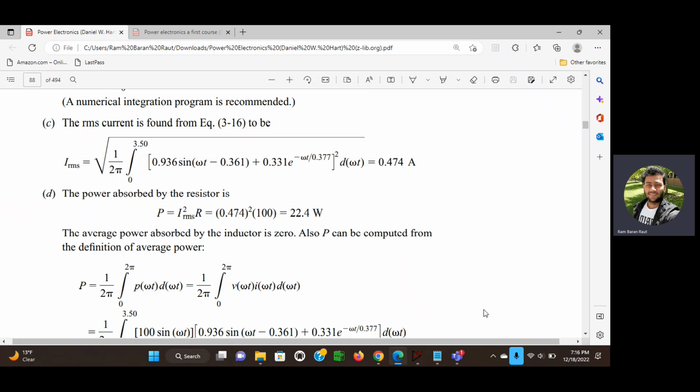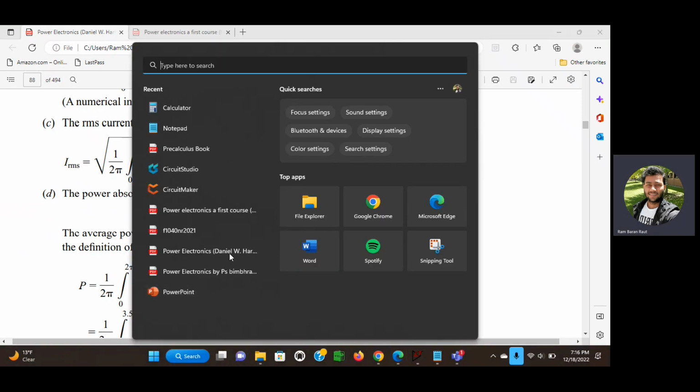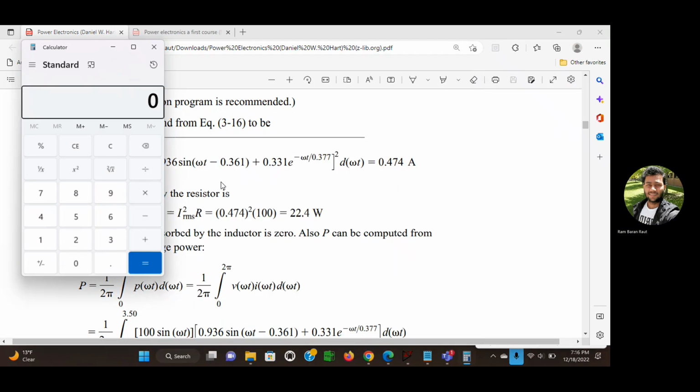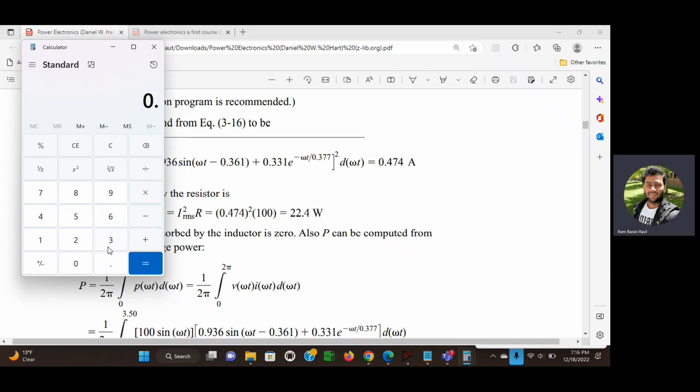So we are getting 21.34. 0.462 multiplied by 0.462, then we multiply this by 100.